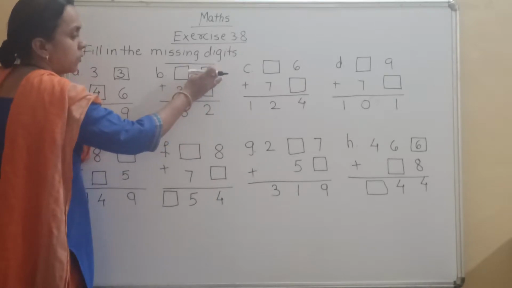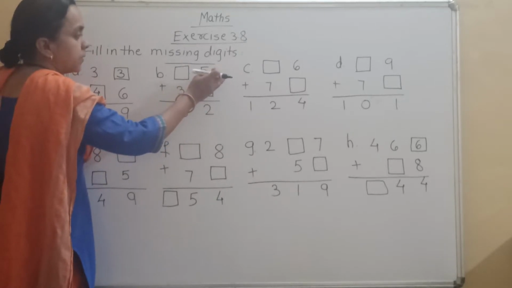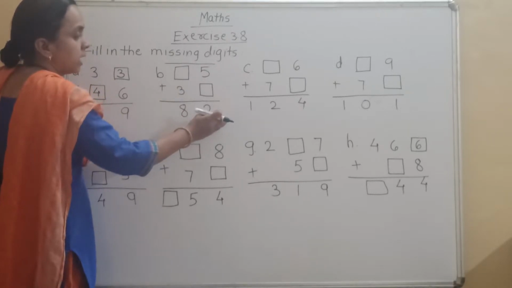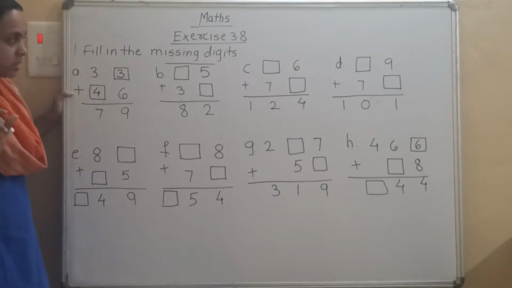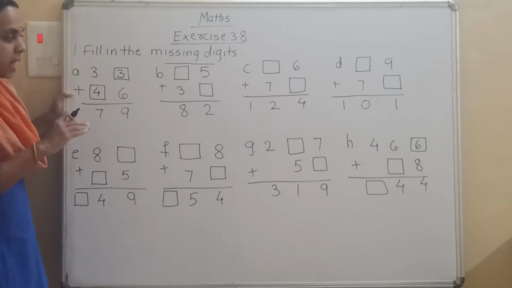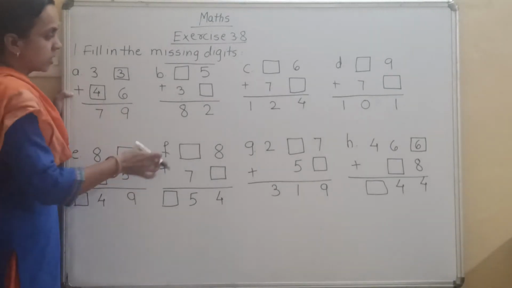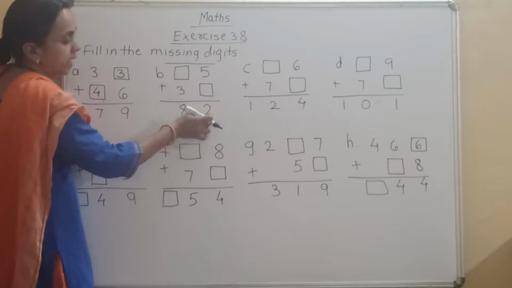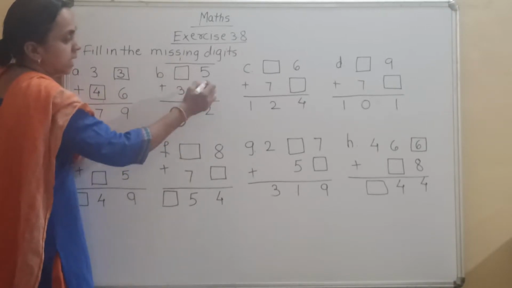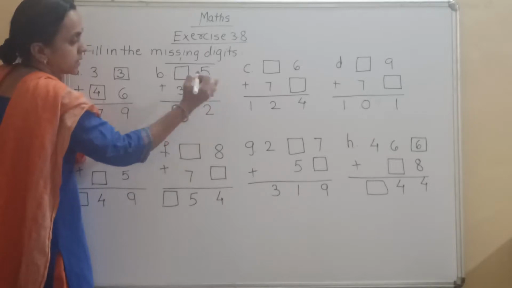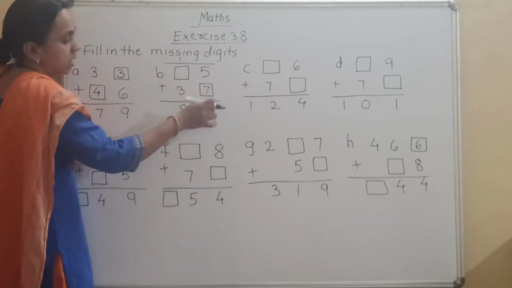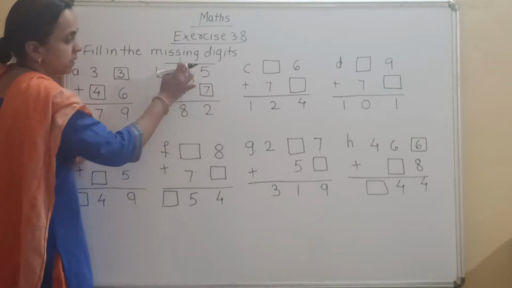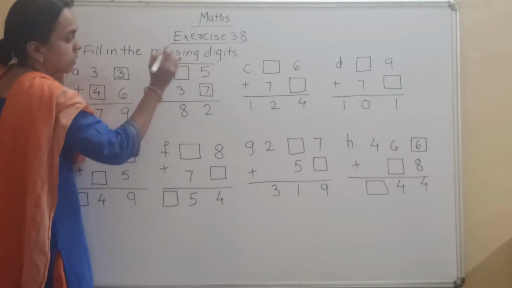Okay, so which number if we add to this 5, we will get answer 12? So if we add 7, 7 plus 5 how much? 12. So 2 we can write here and 1 is our carry. So we have to write here 7. So 7 plus 5 equal to 12. Already 2 is given. We will write here carry 1.